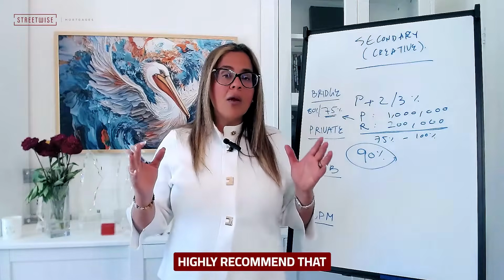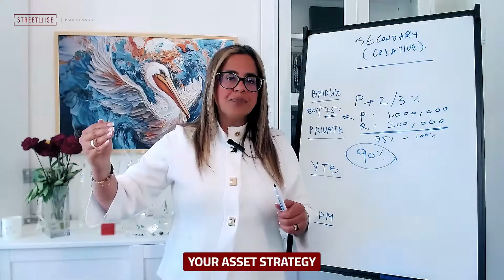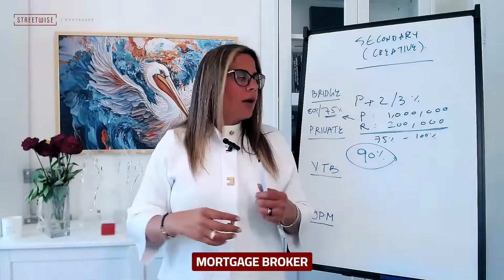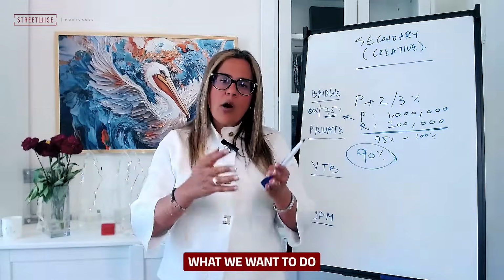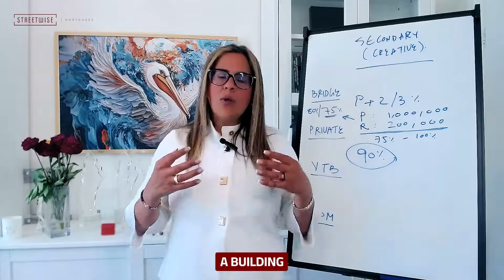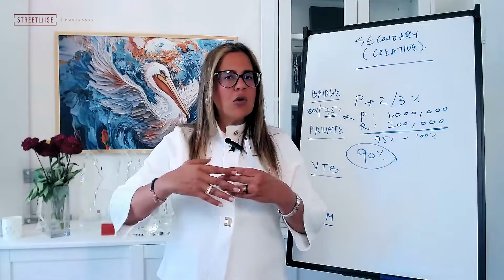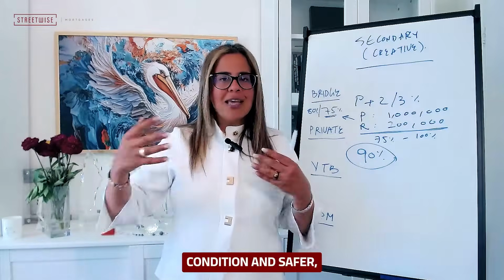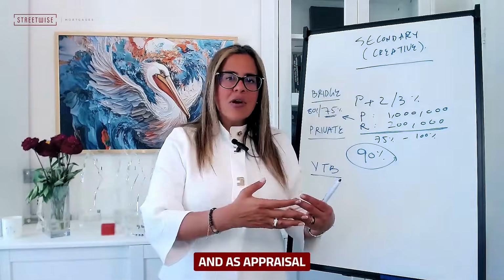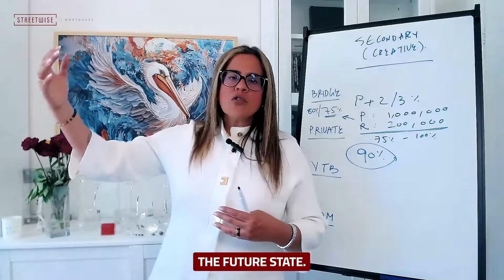So I highly recommend that you validate your exit strategy with us or your mortgage broker before you enter the deal. What we want to do is we want to say, okay, if you're going to buy a building with private money, what's your game plan going to look like? If you're going to improve its condition and its income, what does the future look like? Let's order an as-is appraisal and let's order an as-complete appraisal. Let's look at your future state.